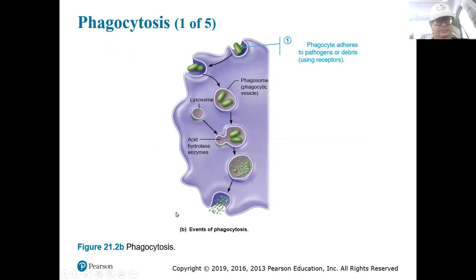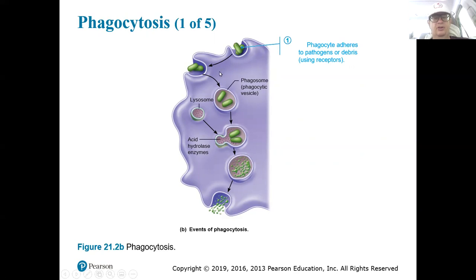All right, so moving on. Here we're going to go through it step by step. The phagocyte, that's our giant white blood cell here. It's in purple. It says phagocyte adheres to pathogens or debris using receptor molecules. All right, so there we have a bacteria that doesn't belong, and we have grabbed onto it.